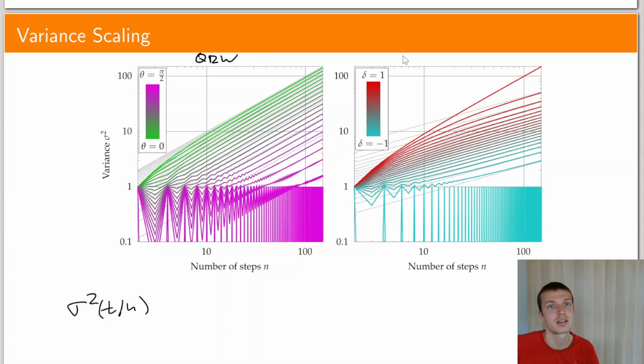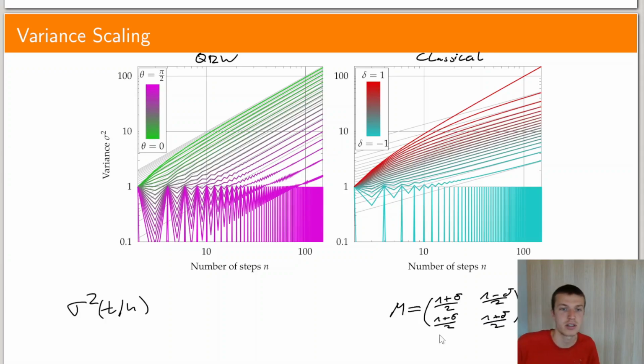And if we have a classically correlated walk, then we have a linear scaling, except for, of course, the edge cases. And here we use the stochastic matrix M instead of the unitary coin.